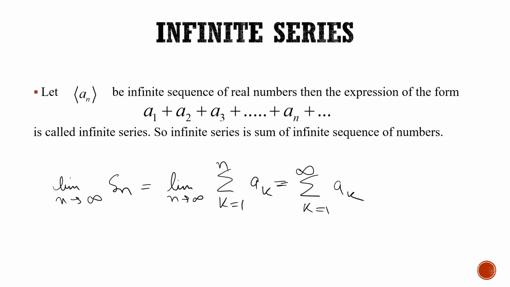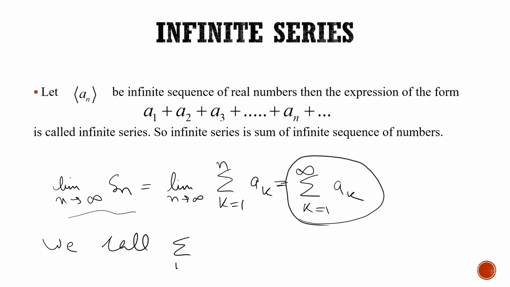So if you take the limit of the nth partial sum, you get this. Now this term we call an infinite series. So now it is clear what an infinite series is.